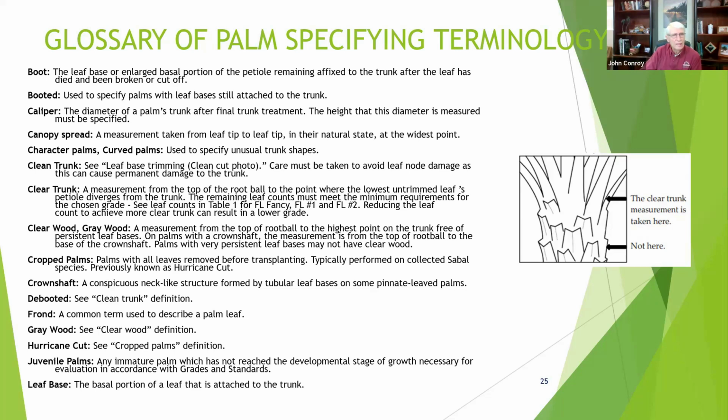Crown shaft, that's that conspicuous neck-like structure. The crown shaft species, typically they're the more cold-sensitive varieties like royal palms or Adonidia, now veitchii, some of the other species that have that green petiole base that shucks off cleanly when that tree decides that it's a self-pruning tree, and they shouldn't be pulled off.